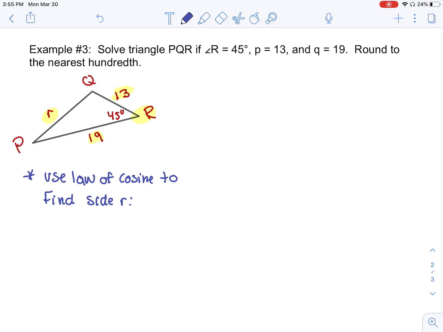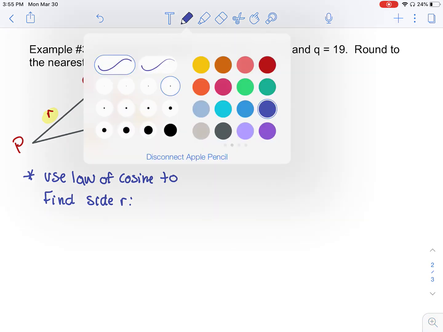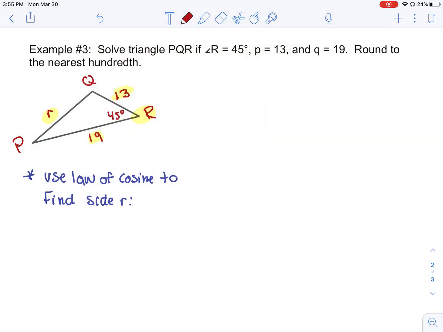So if I want to write down the equation, you really don't need to, but if you want to, you can. R squared is going to be equal to P squared plus Q squared minus 2PQ cosine R. Now, I don't usually write down the actual formula.